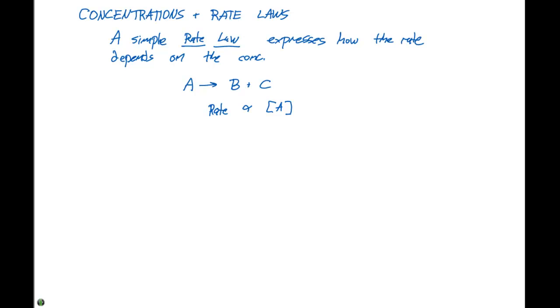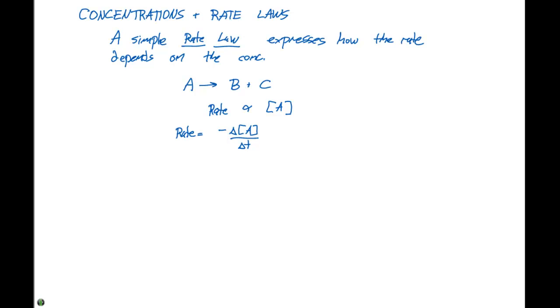And we have a couple of ways that we could write rates. A is a reactant, so that means the concentration is going to decrease. So we can say the rate is going to be equal to the negative change in concentration of A with respect to time.